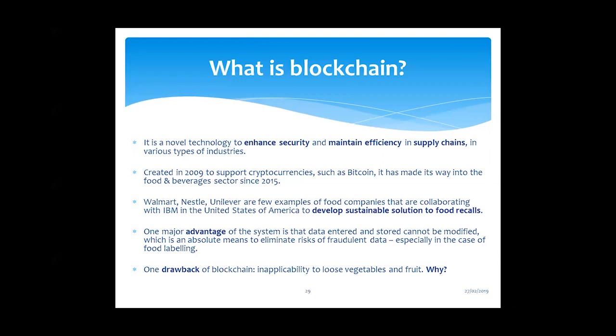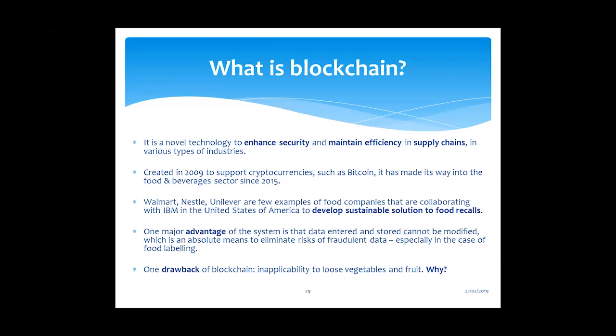I'd like to point out that one major reason for the increasing popularity of blockchain is its ability to eliminate fraudulent data. That means that if the data is entered and stored, it cannot be modified. And so that is helping to reduce any misleading or fraudulent information, for instance, in the case of food labeling.